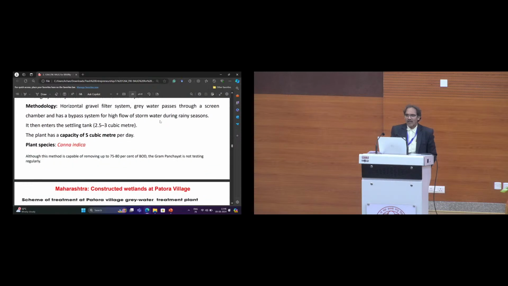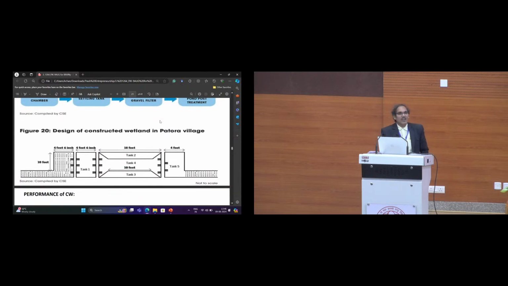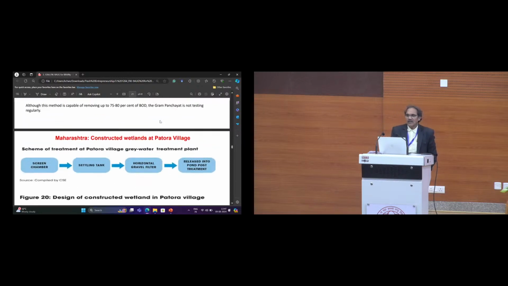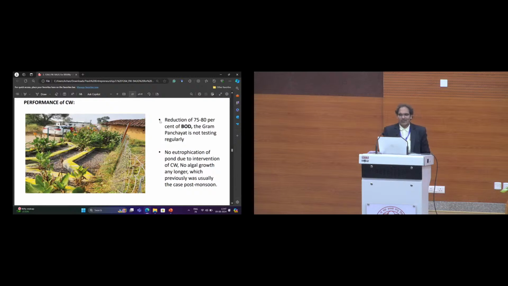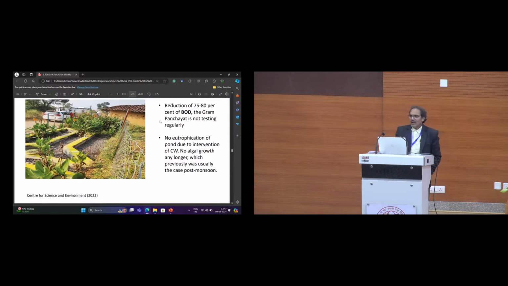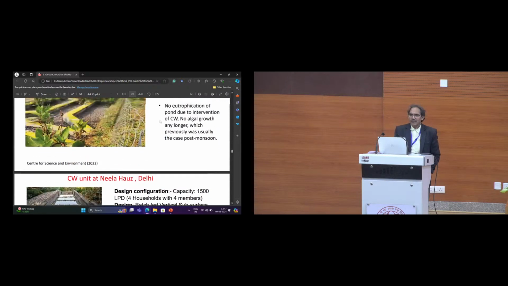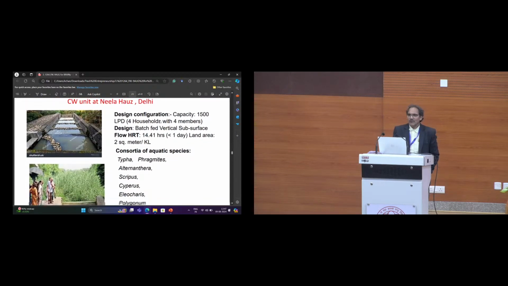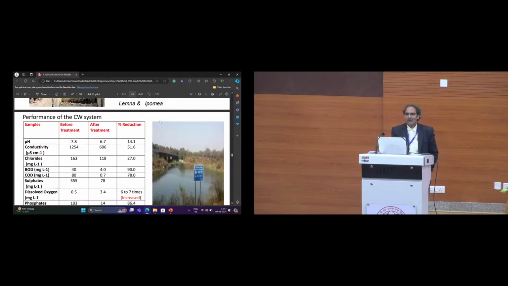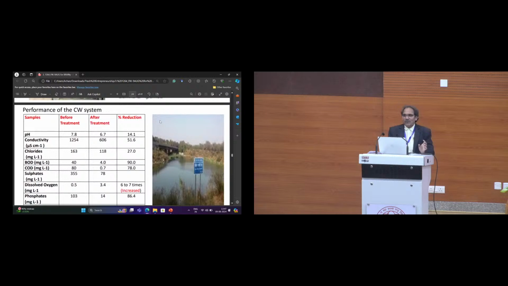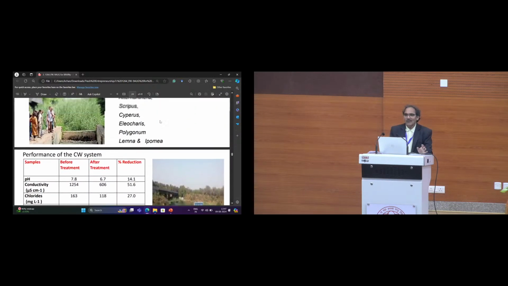And in Maharashtra, the studies by the Center for Science and Energy, good work, developed such a constructed wetland using Canna, and the performance is good, a reduction of 80% in chemical oxygen demand, COD, BOD. In Delhi also, many times the news appears about these Nala drains.